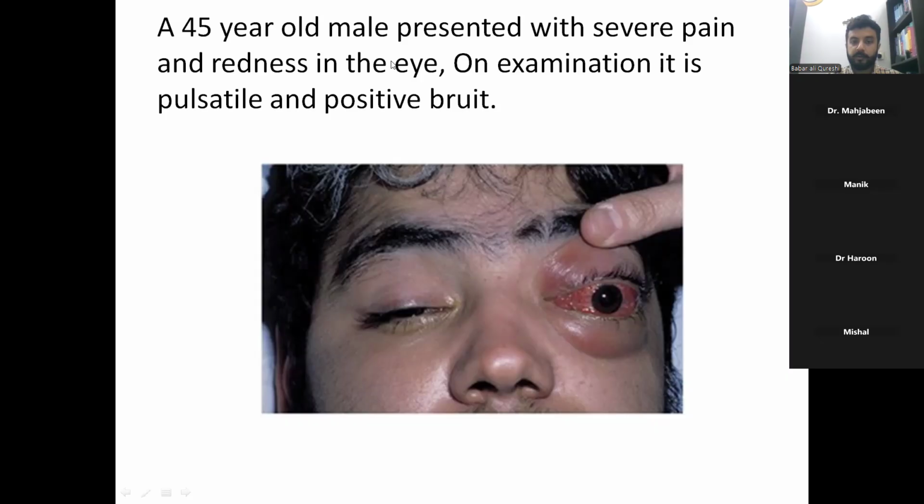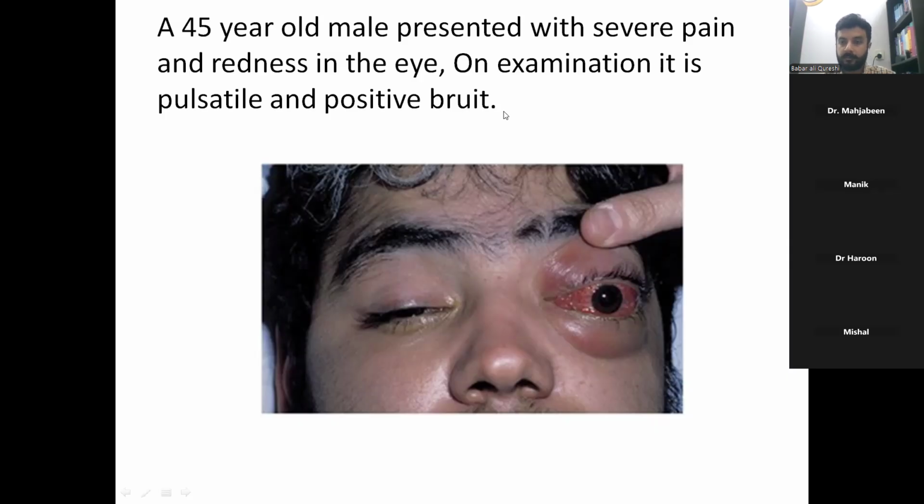Sir, first of all, I will admit the patient in the ward and start the conservative treatment like painkillers, and cover this left eye. Then I will investigate the patient, starting from the basic CT brain plain, then MRI brain with IV contrast and orbit protocol, and then CT angiogram, and after that DSA for proving.